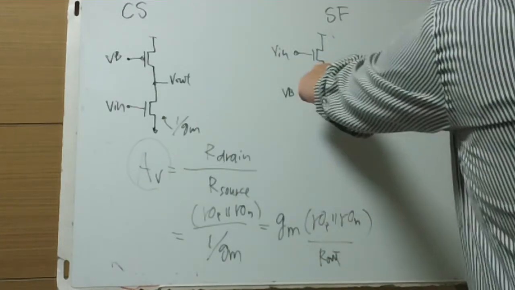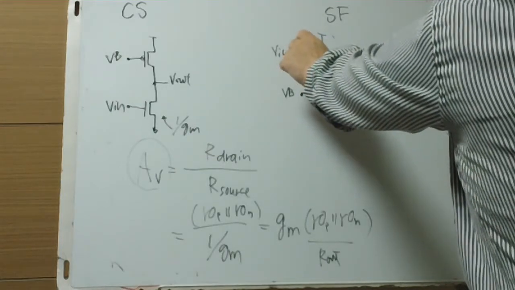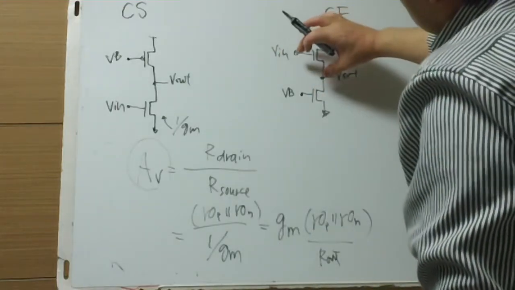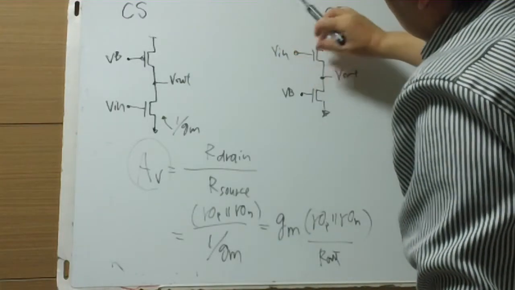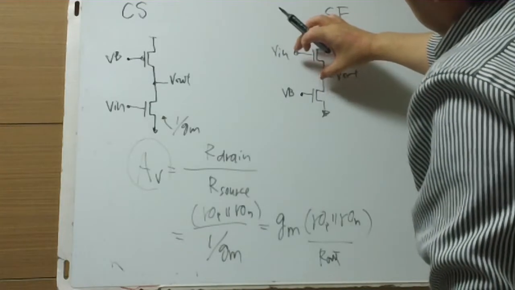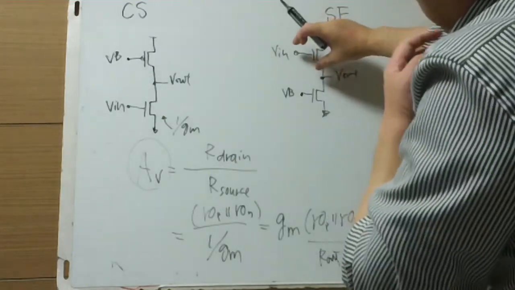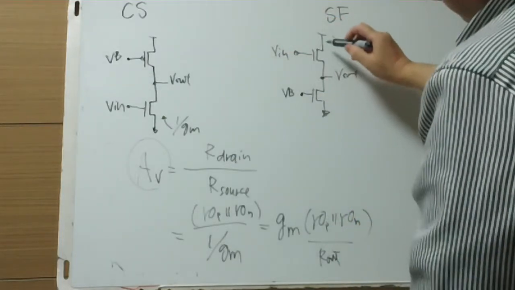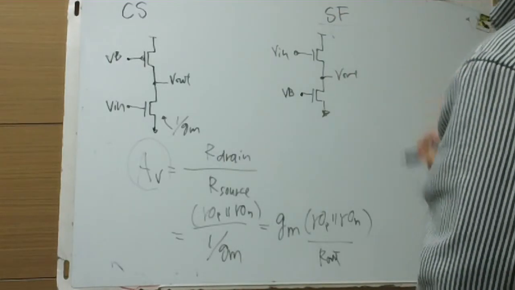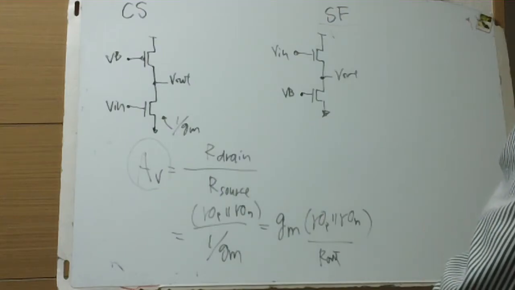The source follows the input voltage, just about around VTH. The threshold voltage of the N channel is nearly fixed, and Vout follows VS. Vout is the source of the input NMOS. So this amp is called a source follower.